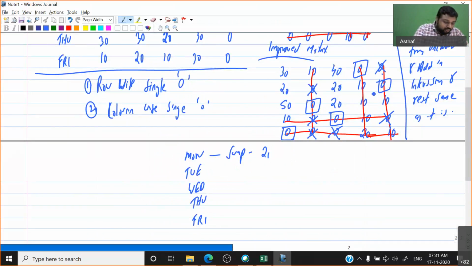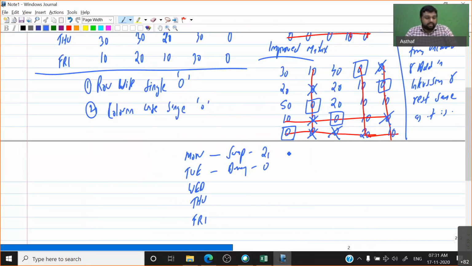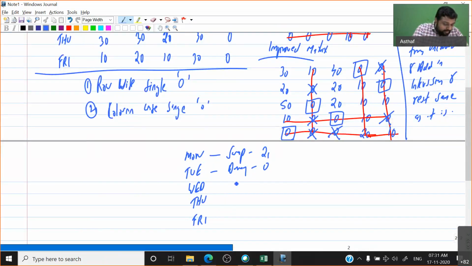Next we go for Tuesday, which goes to dummy. The value of dummy is 0. Wednesday will go to the second person, the second thing, portfolio management, which is also 20.